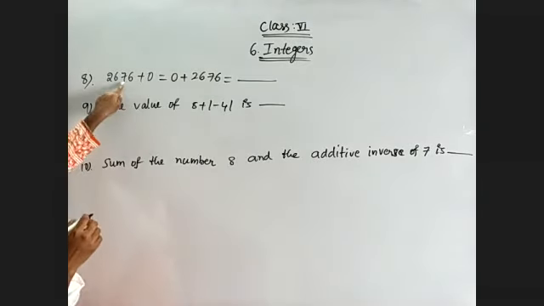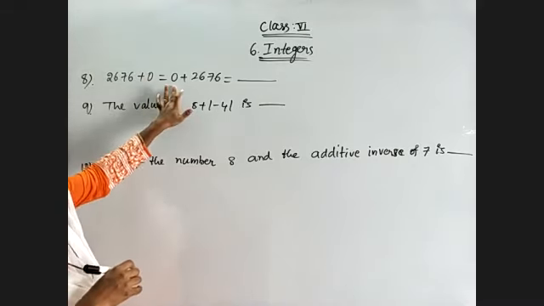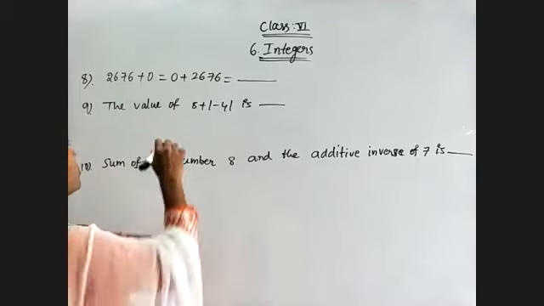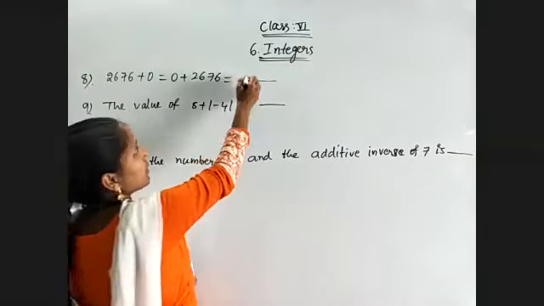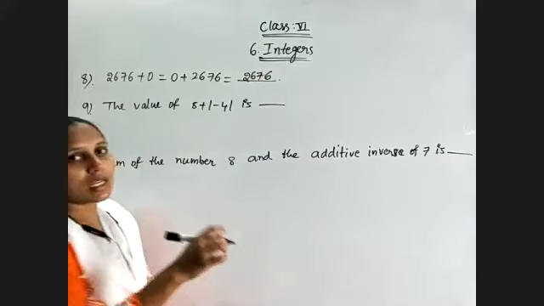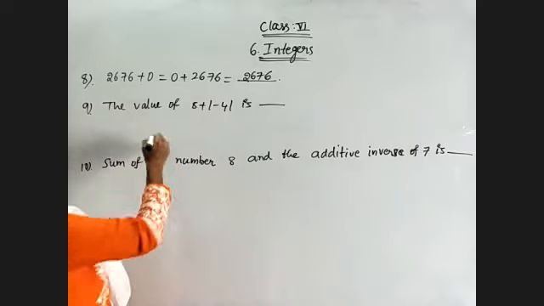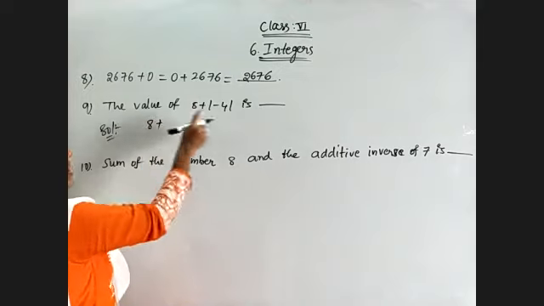Observe here, if you are adding 0 to any number or any number to 0, we will get the same number as the result. So here 2676 plus 0 and 0 plus 2676 is equal to 2676 only. This property is additive identity. Yes or no? And value of this thing. So before that, first we need to simplify.